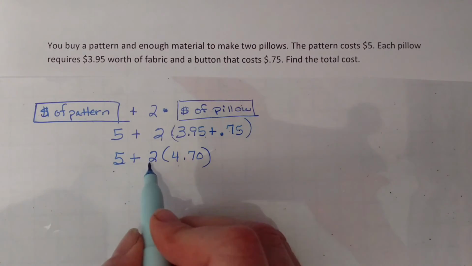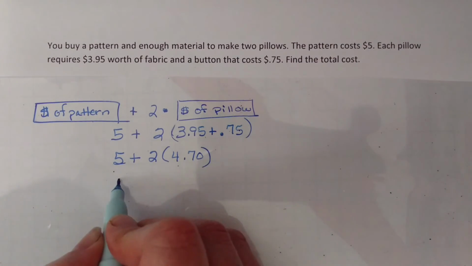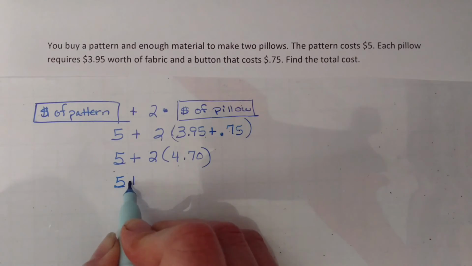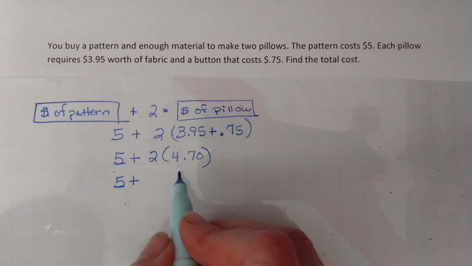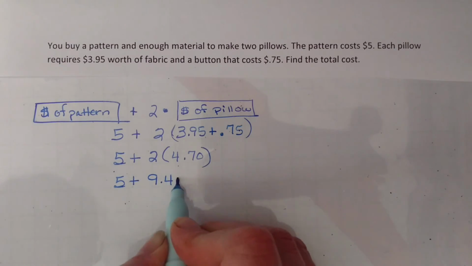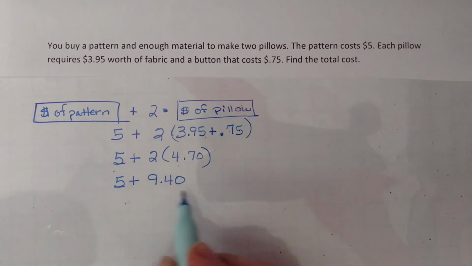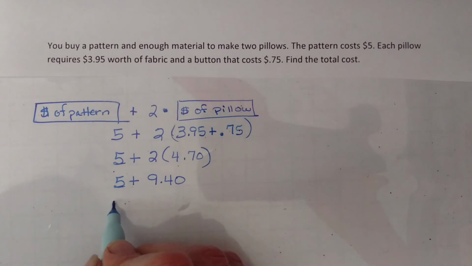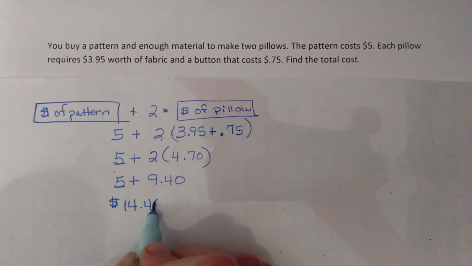Again, order of operations, I'm going to have to do my multiplication first. So I'm going to keep the 5 plus, and I'm going to take 2 times $4.70, which is going to give me $9.40. So adding the $5 to the $9.40, my total cost is going to be $14.40.